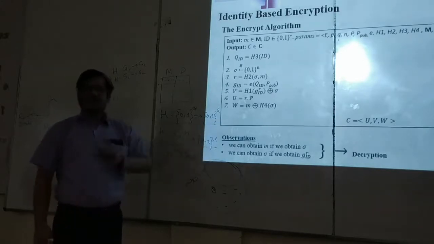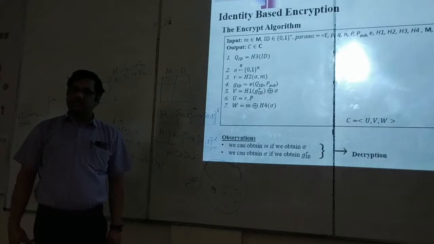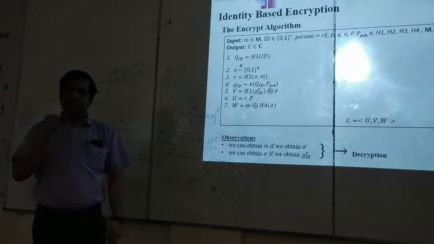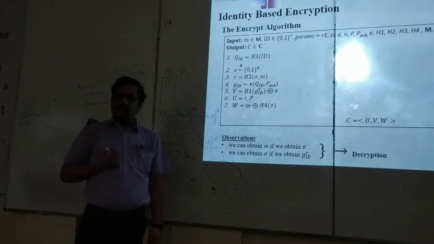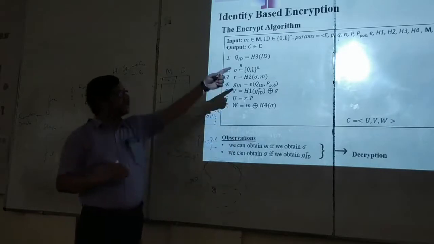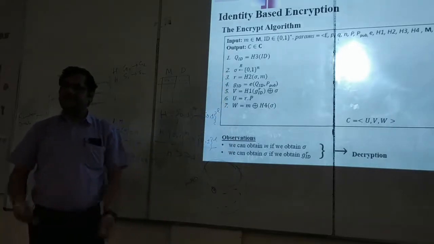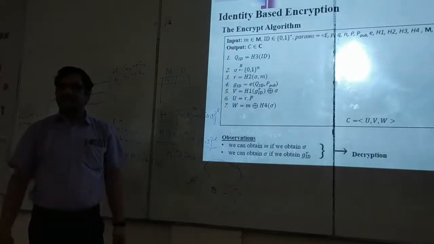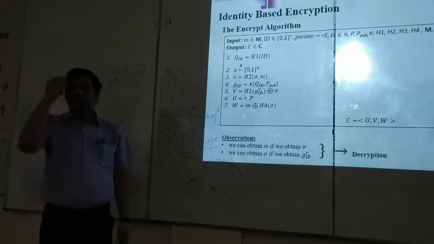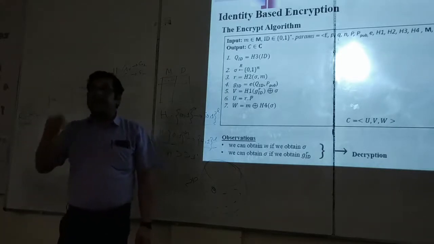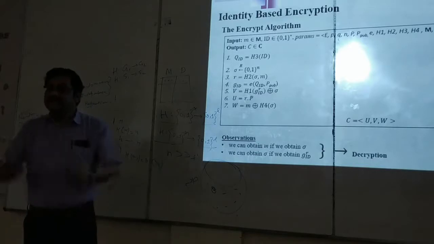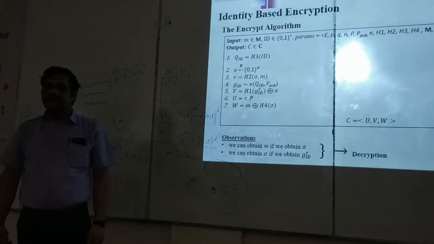Next is the encrypt and decrypt algorithm. So what will the encrypt algorithm take? Of course, the message and the public parameters, P_pub basically and all the other functions, and the public key, which essentially means the identity. This is identity based cryptography.